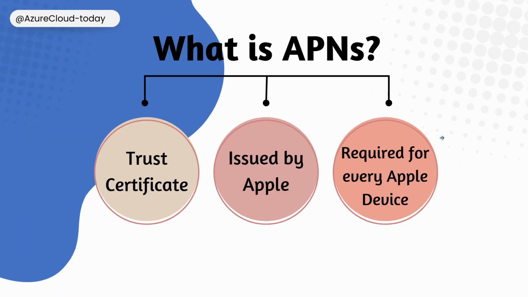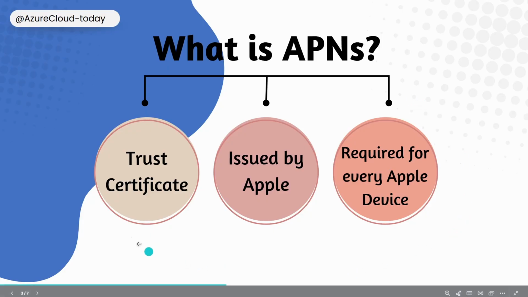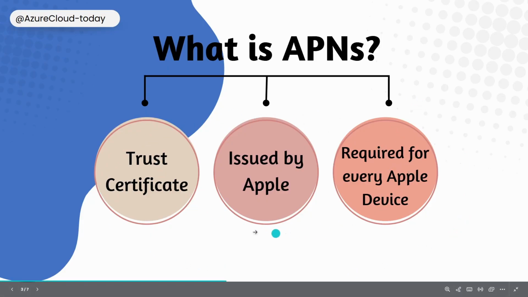So, what is APNs? APNs stands for Apple Push Notification Service. And in Intune, it plays one very specific role, which is trust. This trust certificate gives Microsoft permission to send management commands to the Apple devices which are enrolled in Microsoft Intune. There are three things involved here.